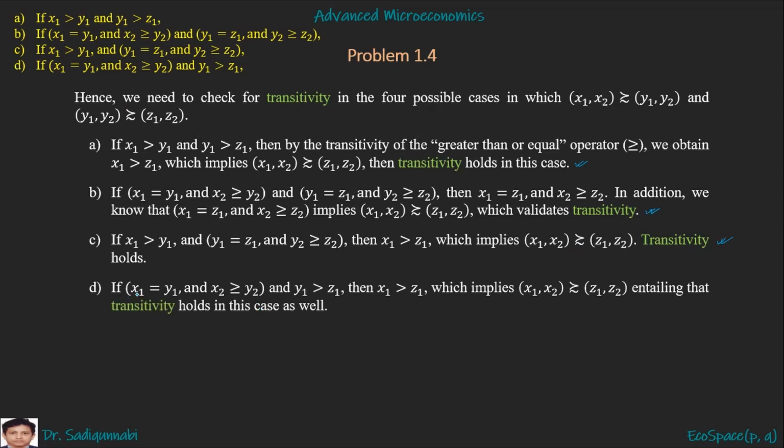Case 4 is a combination of X1 equals Y1, X2 is greater than Y2, and Y1 is greater than Z1, then X1 is greater than Z1, which obviously implies X1, X2 is preferred over Z1, Z2. Again, we see that transitivity holds.